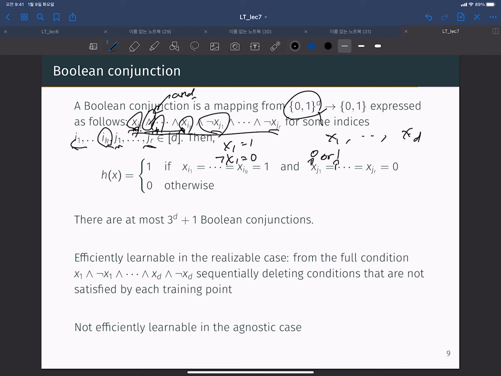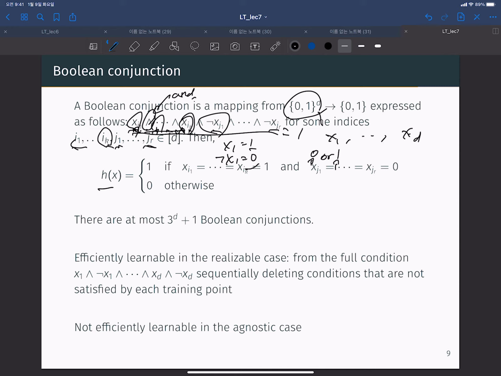So when we have this and sign, if all the statements are true, having value 1, then the output is equal to 1. Whenever just one element has value 0, false, then the output is false. Even with one single false statement, we have false.